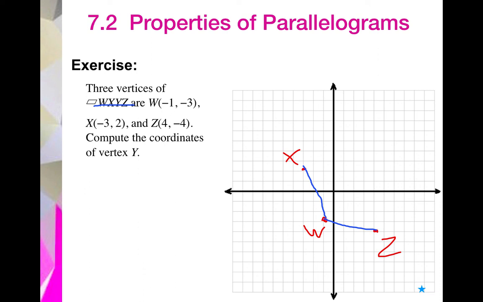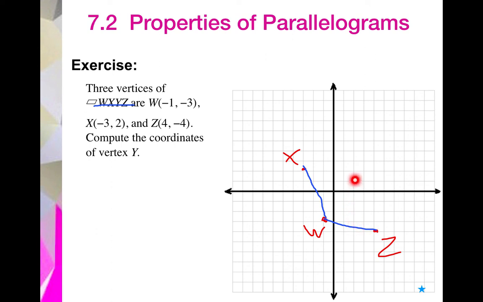If I want to find out where Y is, then Y is going to be somewhere around here. And the way that I find it is this. I move from W and I count over 1, 2 spaces, and then up 1, 2, 3, 4, 5 spaces. So over 2 and up 5. I'll do the same thing with Z: 1, 2, and then 1, 2, 3, 4, 5.